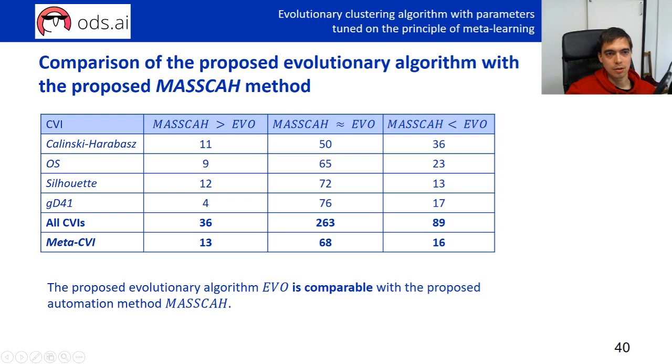The results of the comparison are presented in the table on the slide. From the results of the experiments, it can be concluded that the proposed evolutionary algorithm is comparable with the previously proposed method for selecting and tuning the heuristic clustering algorithm.